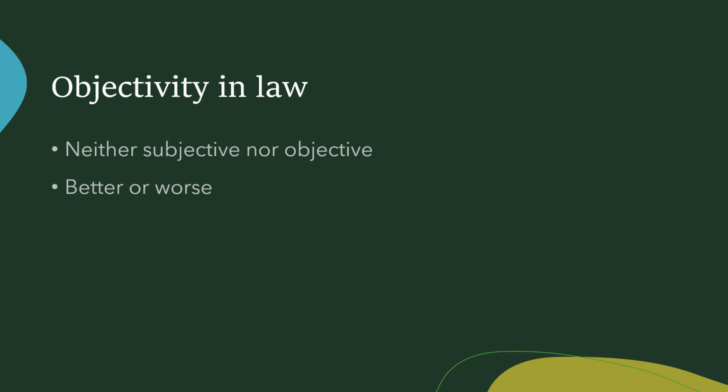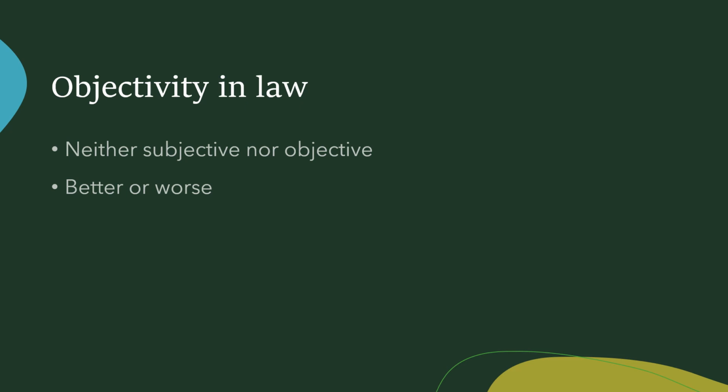I do not consider it to be subjective either. A much better question to ask is, well, is the majority opinion in Obergefell comparatively better than the dissent, or is it comparatively worse? Now, that question is much more amenable to inquiry and discussion, and it's much more natural to the law than the more philosophical question about whether it's objective or subjective, and leave it at that.